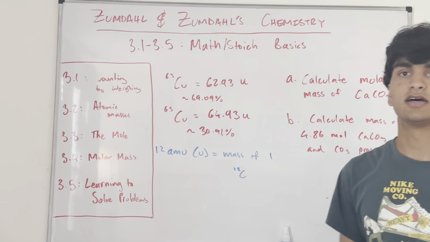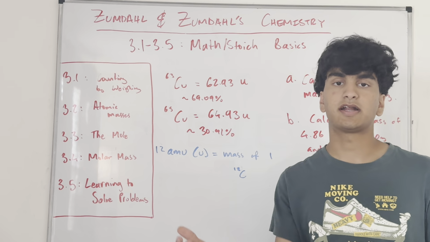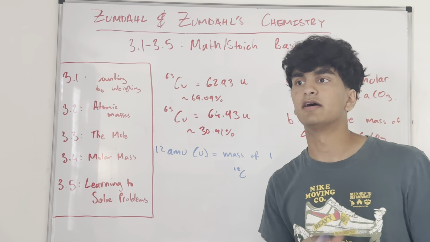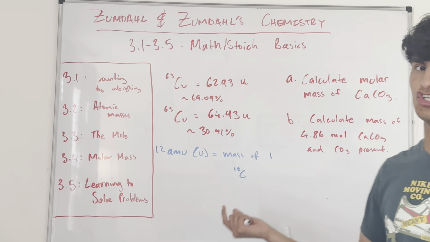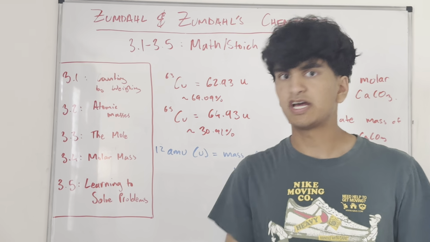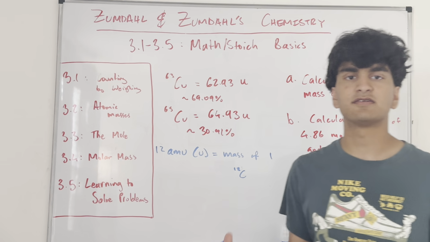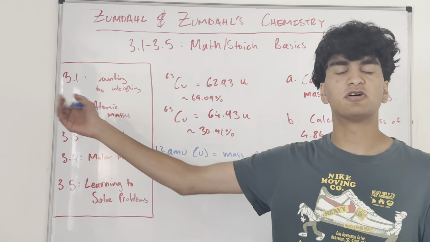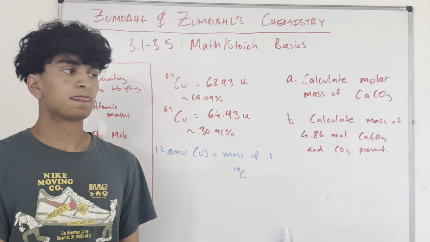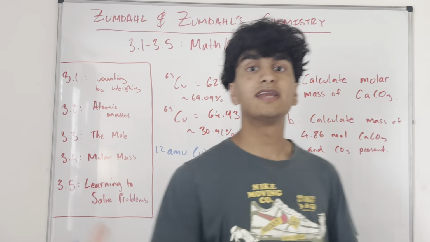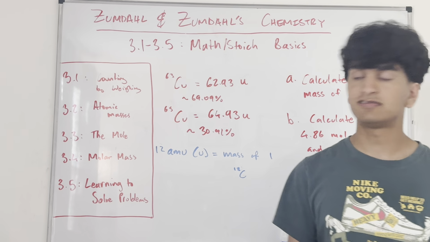Now the thing is, if you look at the periodic table, it tells you the atomic mass of every element, and there's usually decimals. And you'd think, well, based off this definition, carbon should have just 12 AMU. That should be the only element with just a 12.00000, but it's not. If you look at the periodic table, it's usually 12.01, because periodic tables take a weighted average of all the different carbon isotopes.